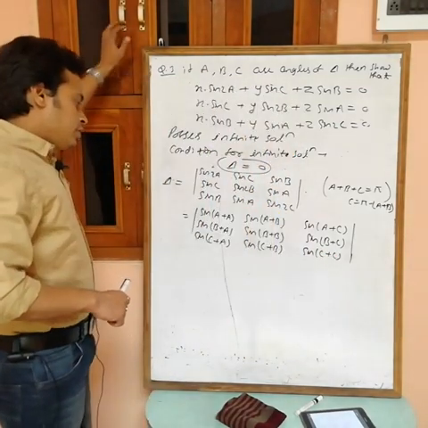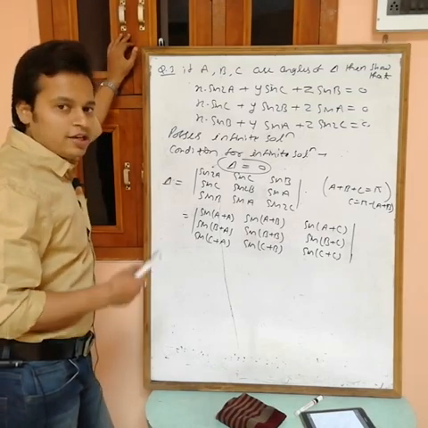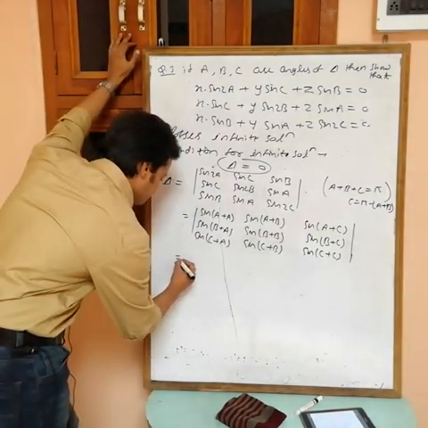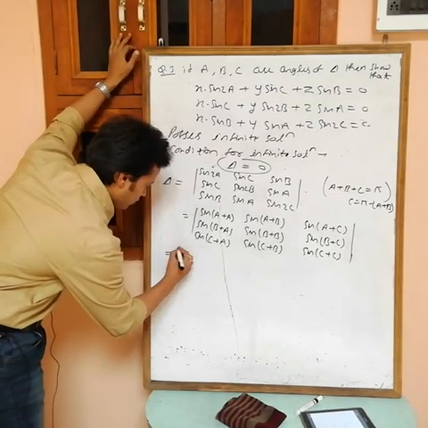Okay. Now what next? I can use the formula of sine A plus B, as we are finding the value of del.